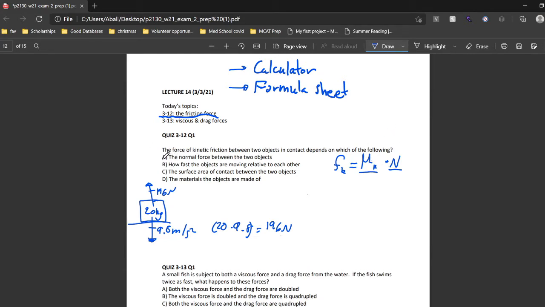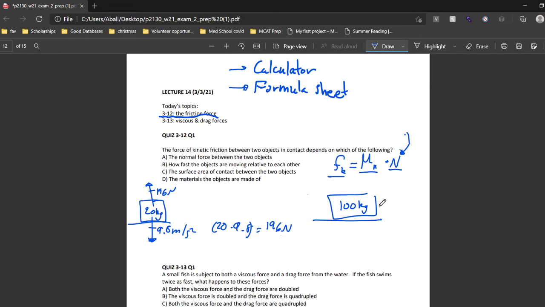So part A says the force of kinetic friction depends on the normal force between the two objects. As we just said, the force of friction depends on that normal force. And if we imagine a 20 kilogram box versus a 100 kilogram box, the normal force acting upon the 100 kilogram box is greater than on the 20 kilogram box.